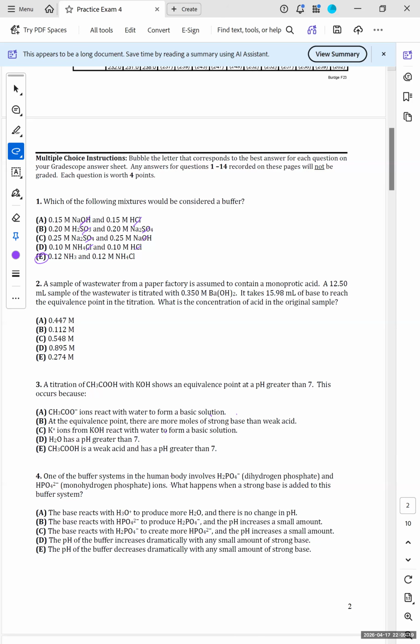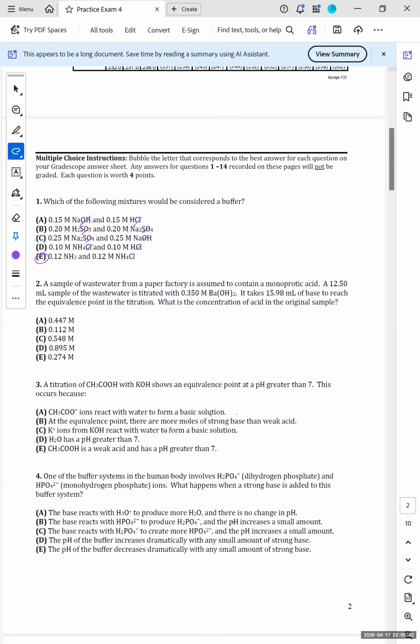So for number 2, what this is asking really is just titration stoichiometry to find the molarity of an unknown acid. We're going to set this up. What I like to do is write my given information and then figure out what I need to convert or what needs to change.